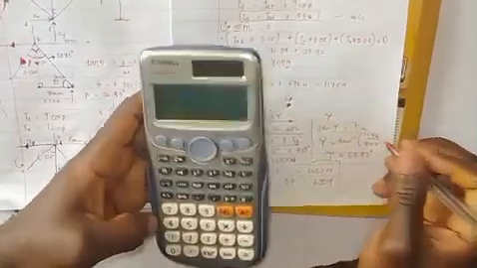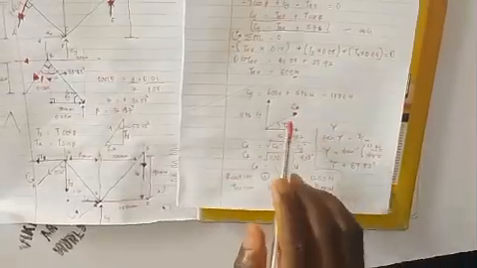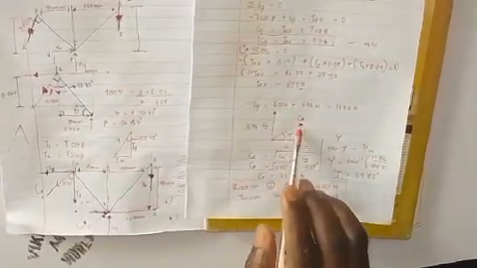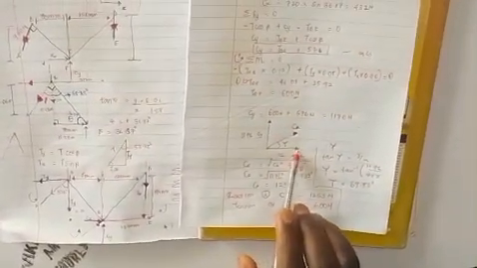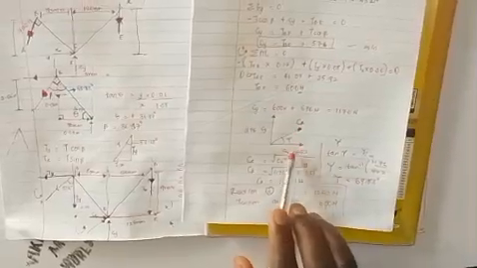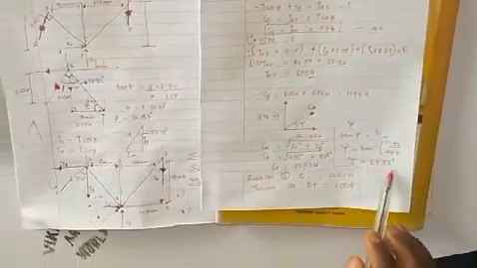So that means the angle between your Cr, your resultant force, and the x, the reaction at x, is what? 69.83 degrees.